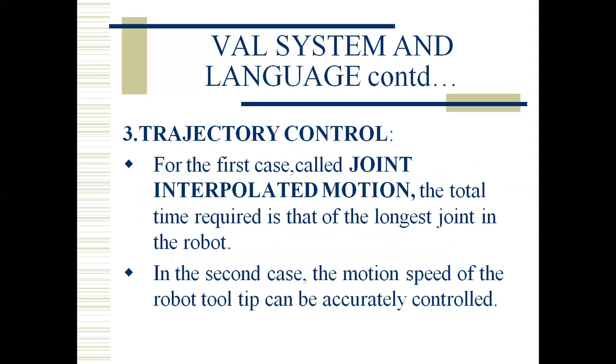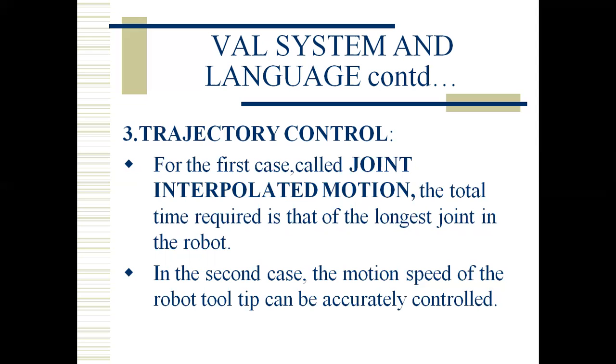So in the trajectory control, in the first phase, the joint interpolated motion and the total time required for the longest joint in that particular robot will be analyzed initially, and in the second condition, the motion and speed of the robot tooltip can be accurately controlled.